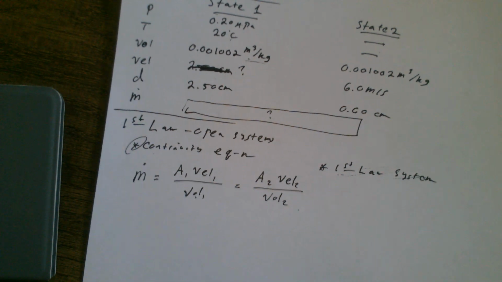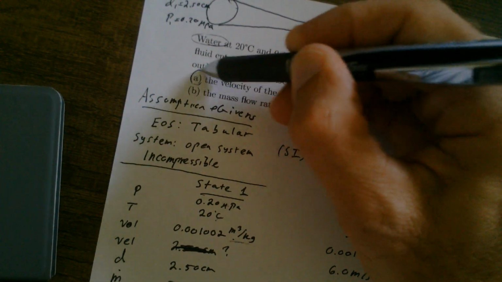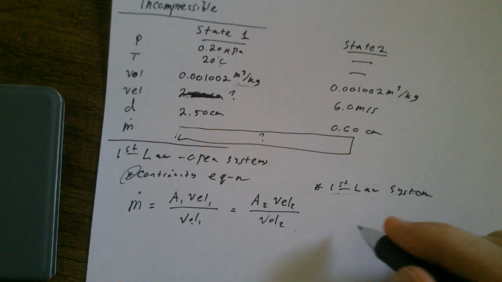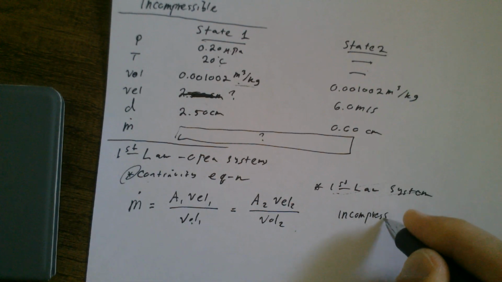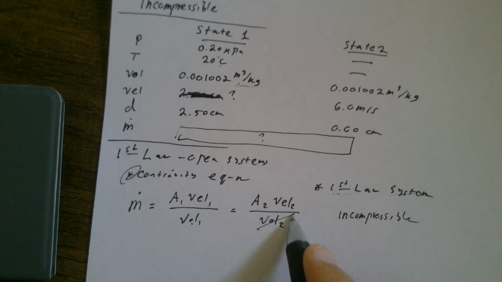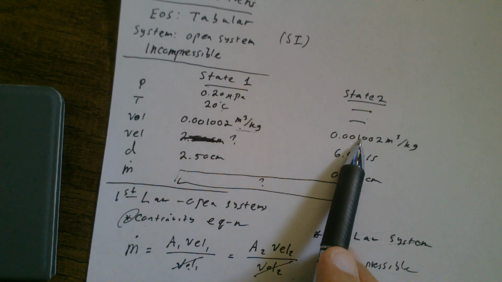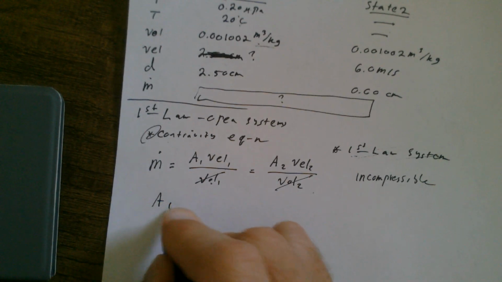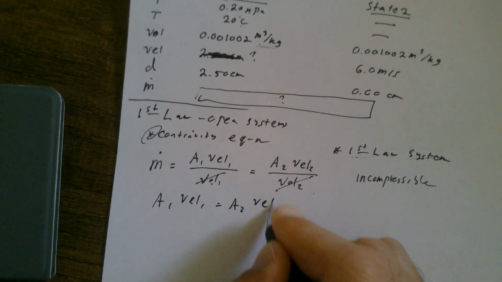Using this, I'm going to try to find the initial velocity, vel1. What do we know? We know it's incompressible, which means that the specific volumes go away. We also see that here at the table. They're equal. So in this particular case, we know that A1 vel1 is equal to A2 vel2.